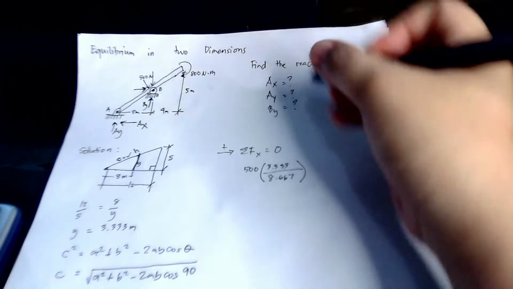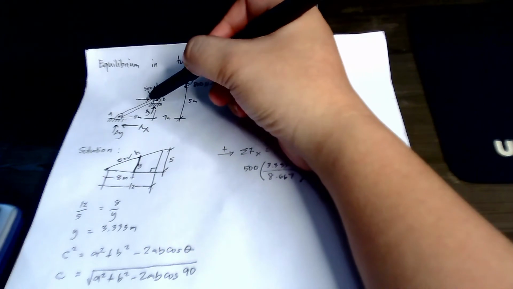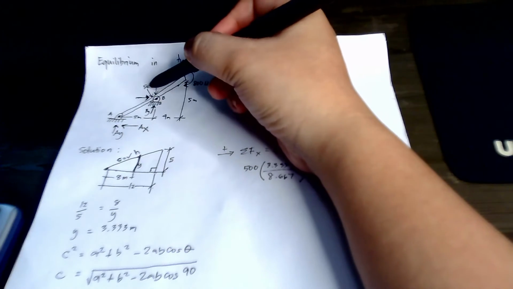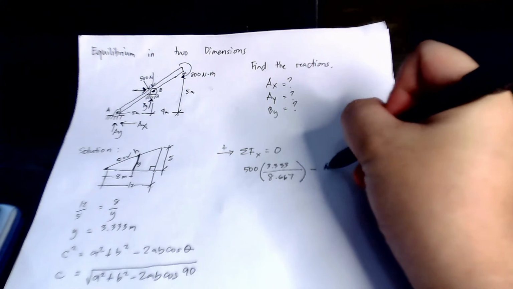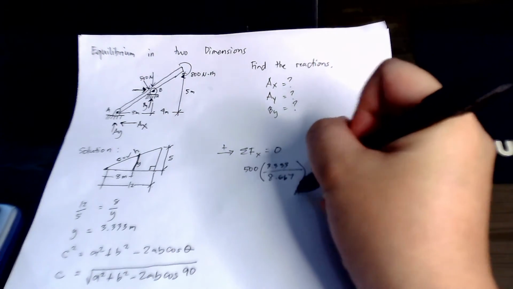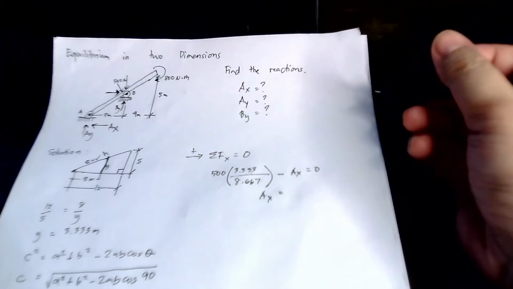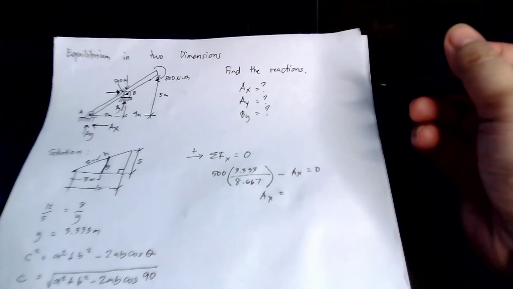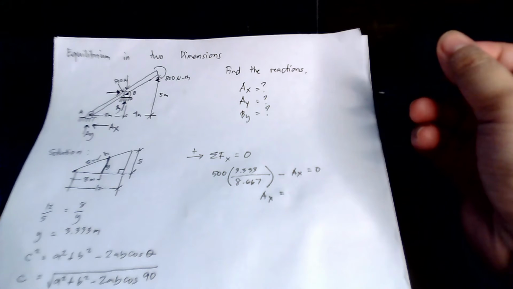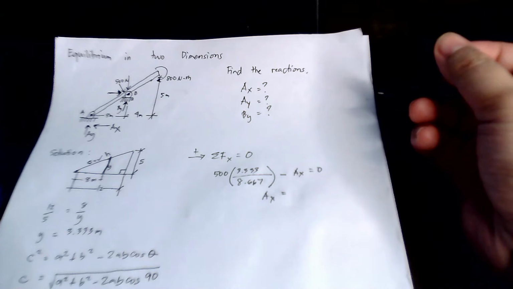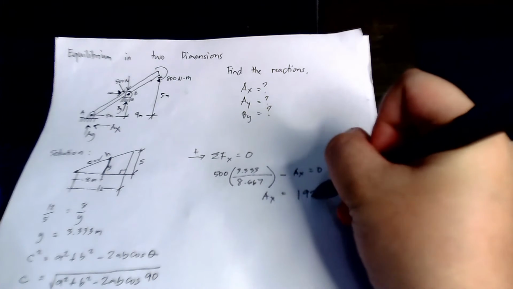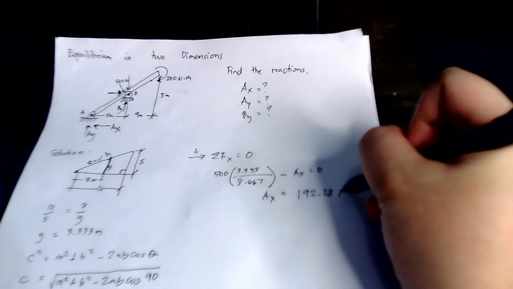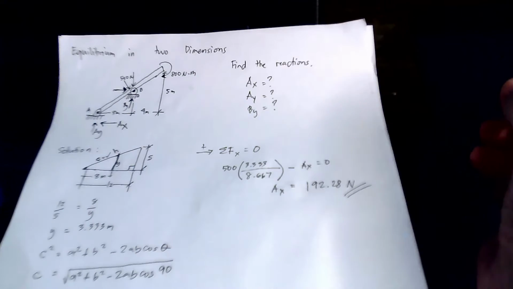That is the component of 500 Newton along X, minus AX equals 0. Therefore AX equals 500 times 3.333 divided by 8.667, and you will get 192.28 Newton. That is your AX.